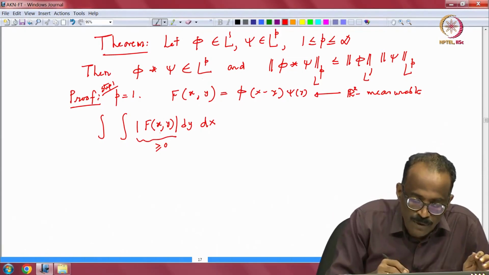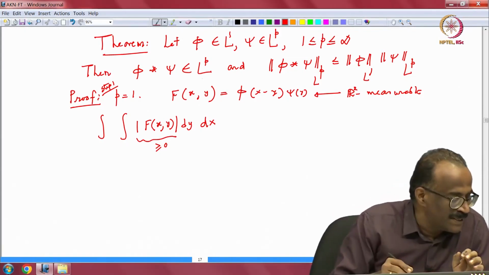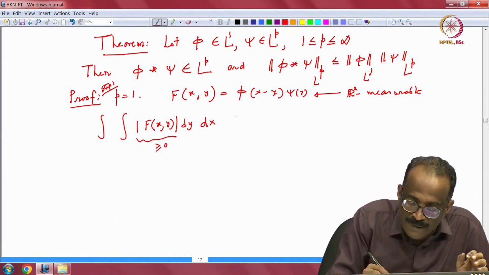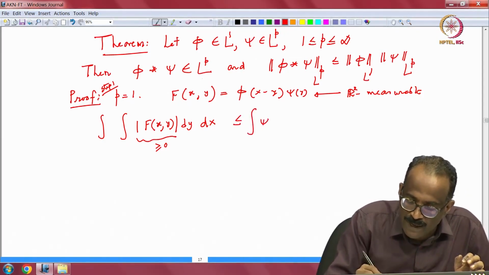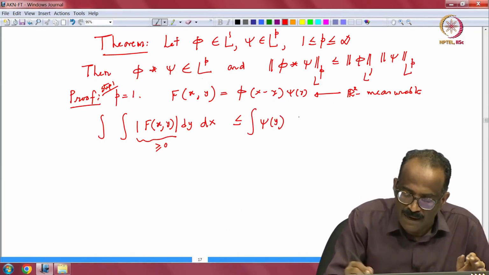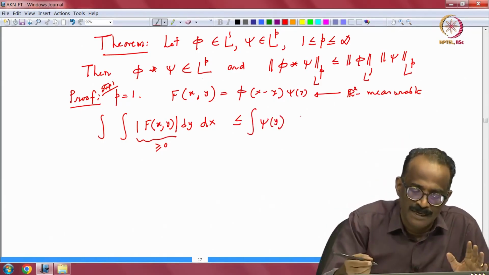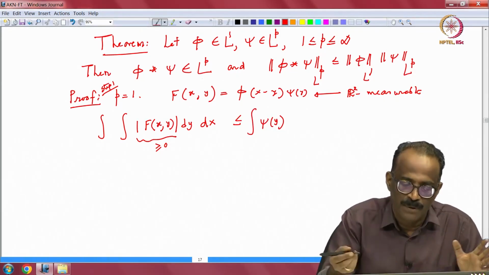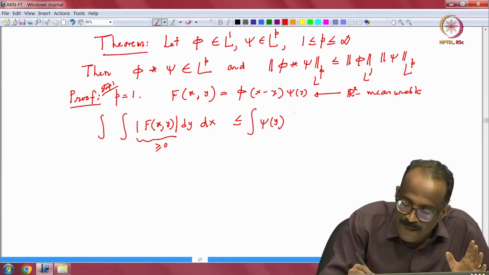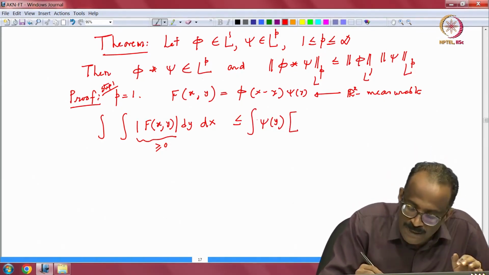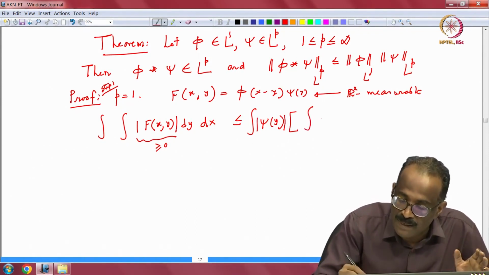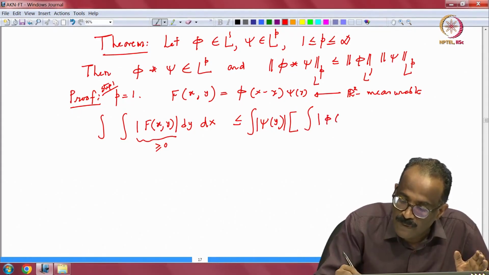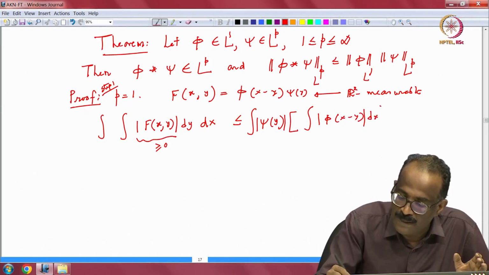You substitute this in the double integral and then apply the inequality. So, you apply Fubini, bring the integral of psi of y outside, and then you can take the modulus here. Everything is in modulus, and you have the integral of phi of x minus y dx, dy.